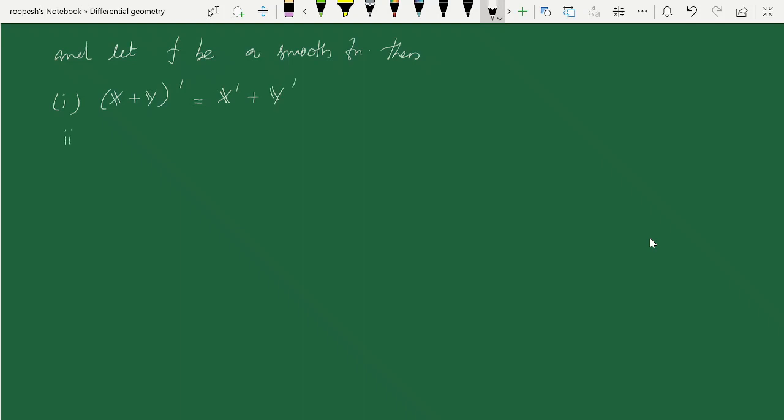And the second one, (fX) dash, is f dash X plus f X dash, as our product rule, right?